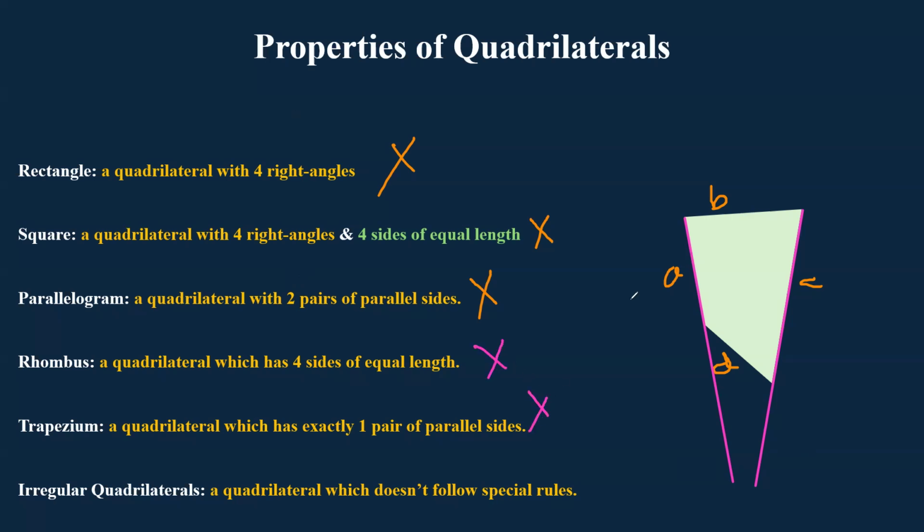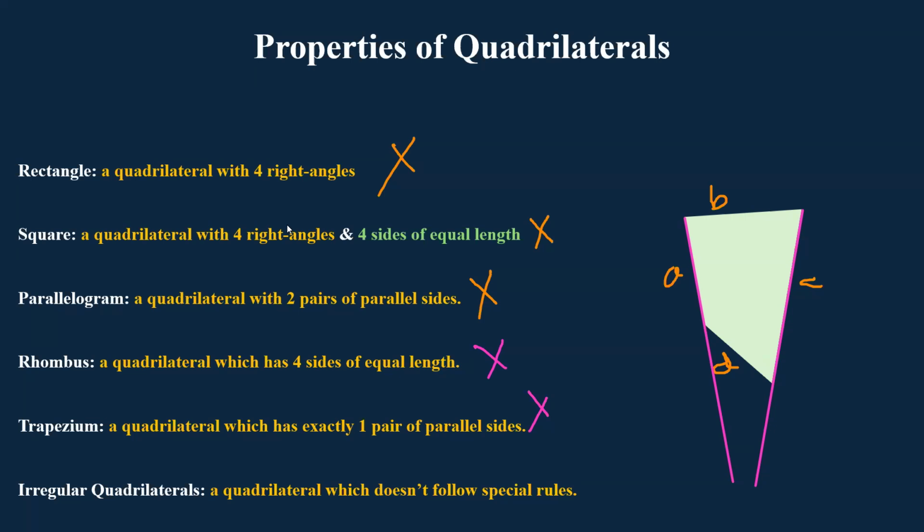I think this shape is an irregular quadrilateral because it doesn't have a pair of parallel sides, so it's not a trapezium, and the only option left is an irregular quadrilateral because it doesn't follow the rectangle's properties.